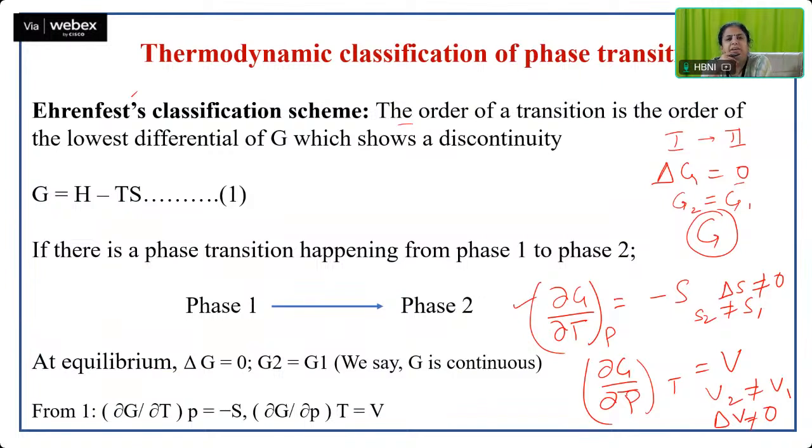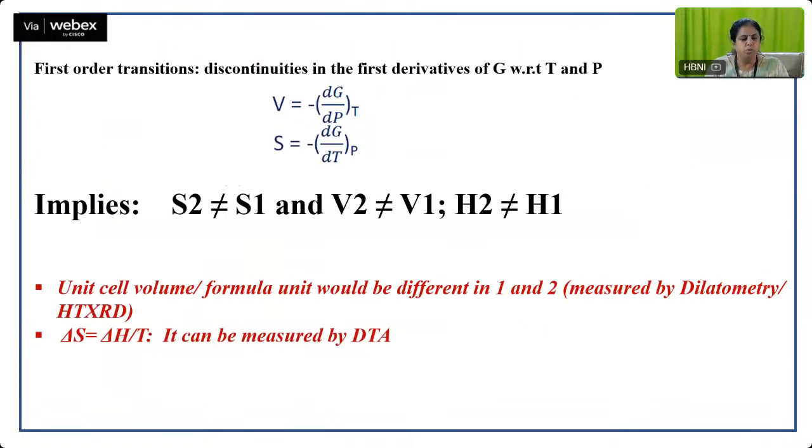What does it mean? If I don't go into the technical terms, it means that there has to be a volume change accompanying your phase transition. It's as simple as that. So repeating it again, first order phase transition means there is a discontinuity in the first derivative of G with respect to temperature and pressure.